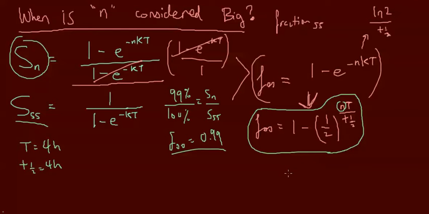Just an FYI, this is an equation from the textbook that can really simplify the work you have to do. If you just move this equation around, you get n times t is equal to negative ln of 1 minus FSS, over k.